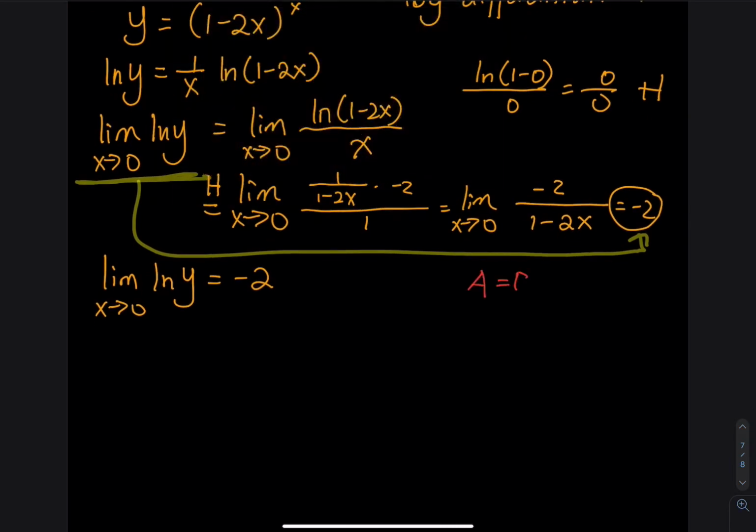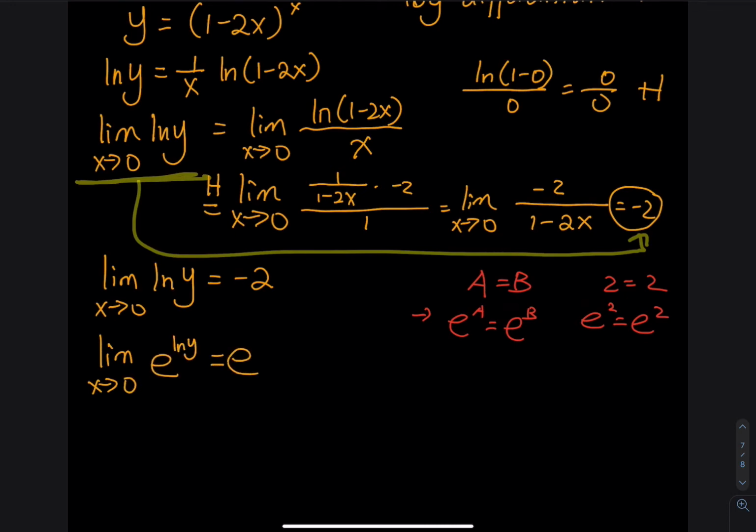Here is the formula: a equals b is the same thing as e to the a equals e to the b. So let's say 2 is equal to 2, then e to the 2 is equal to e to the 2, right? That is based on this formula. And then we do this. Then we have the limit as x approaches 0 of e to the ln y equals e to the negative 2.